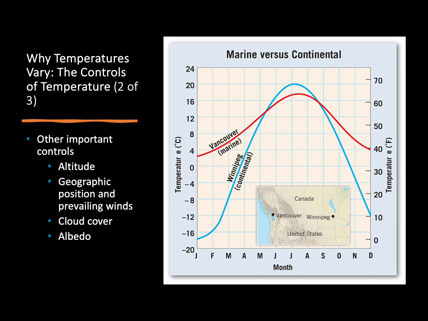And a lot of this is going to deal with the albedo, or the color of the surface. When we have lots of light-colored materials near the surface, like clouds that are white, they're going to reflect more sunlight back into space, helping keep that area cool. But if we have a place like a city with lots of dark-colored asphalt, it's going to absorb that solar radiation from the sun, heating it up more.